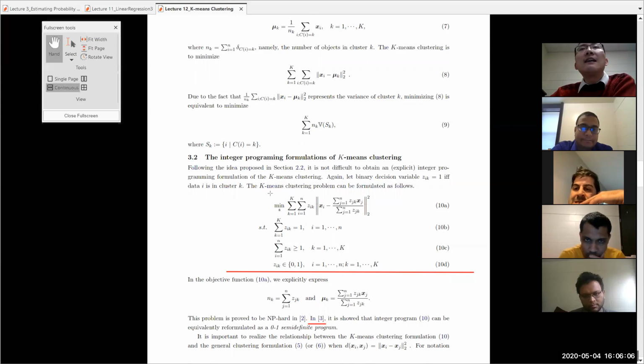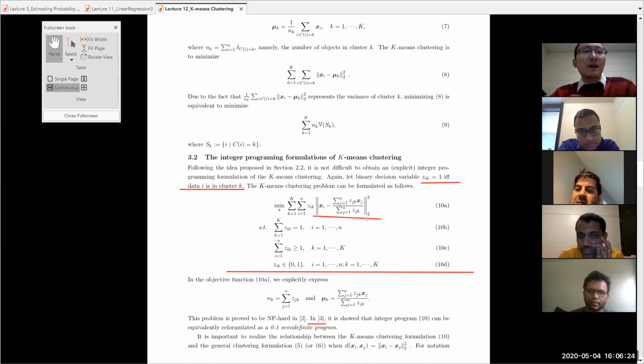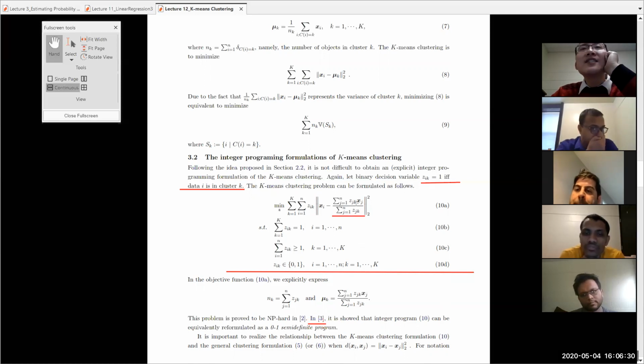So I define Zik to be the assignment variable, the binary variable. If Zik equals 1, that means data i is assigned to cluster K. Okay. And this part, let me use this part, is actually the mu k. See it? Why? Because zjk here means whether data j is in k.